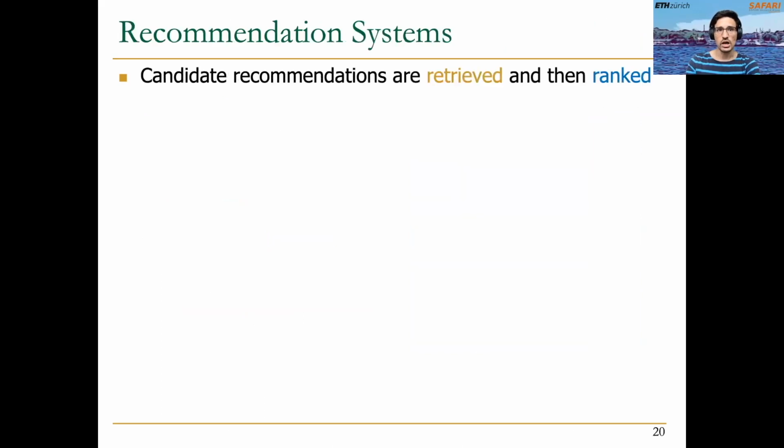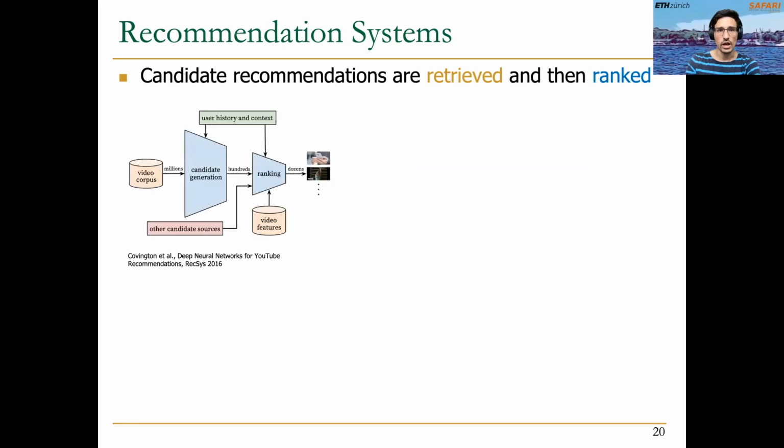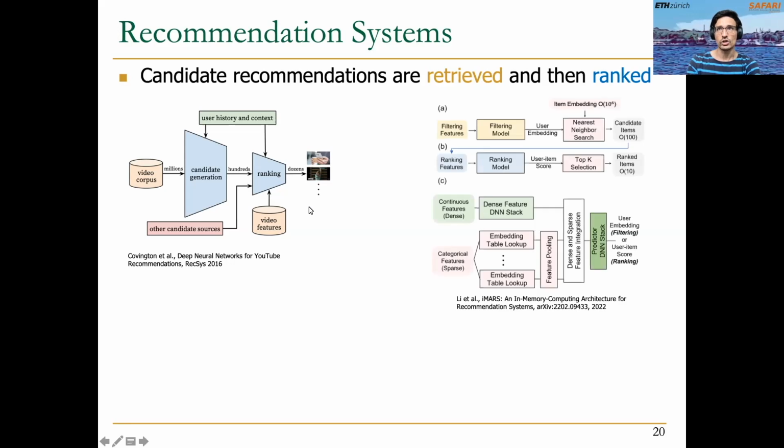And these two steps are actually the steps that I presented and mentioned in our previous lecture, where candidate recommendations are first retrieved and then ranked. First of all, candidate generation, and second, the ranking. As you may remember here, we have two different models, one filtering model in order to extract the candidates.